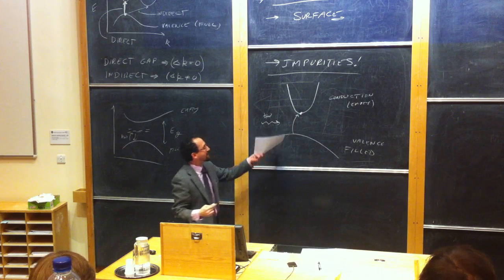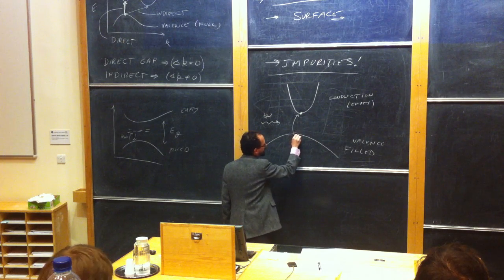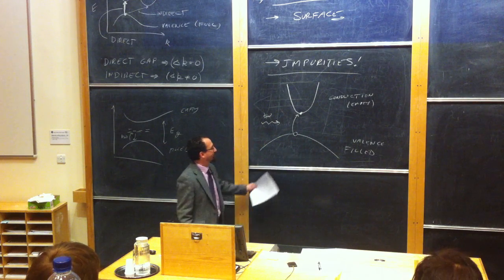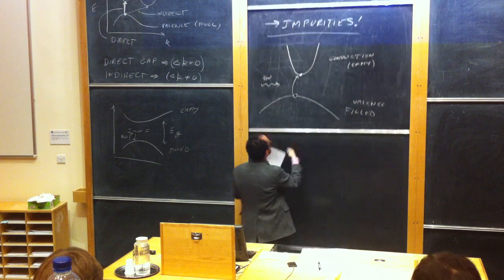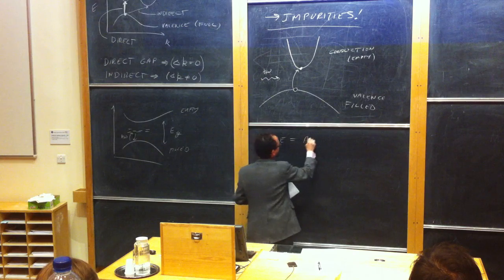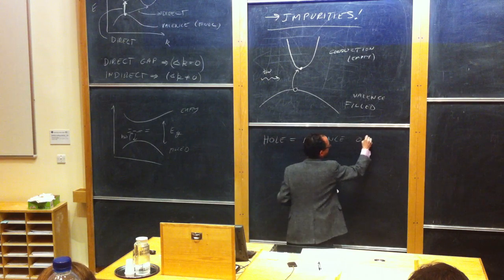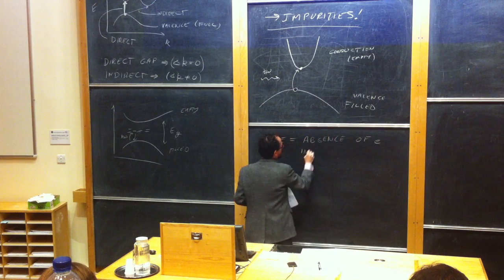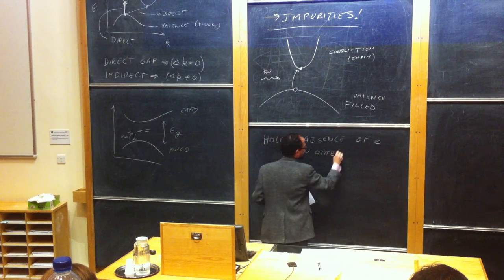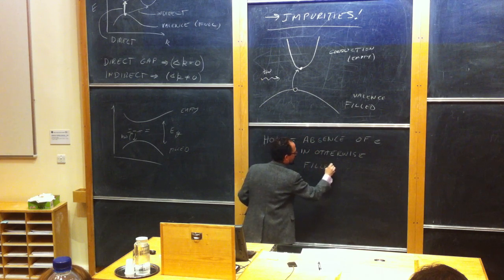Now remember, when you excite the electron out of the valence band into the conduction band, you leave behind an absence of an electron, okay? Which is known as a hole. Hole equals absence of electron in an otherwise filled valence band.